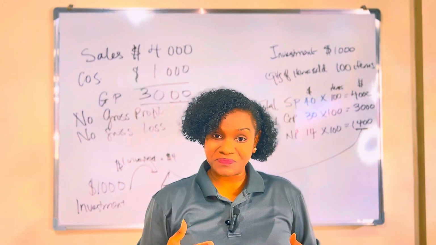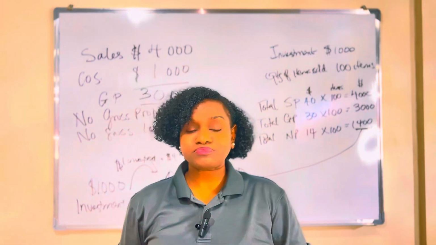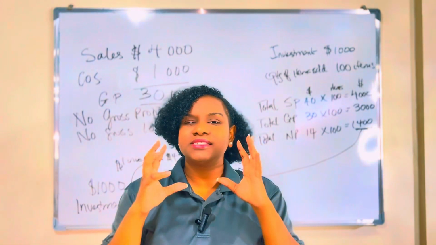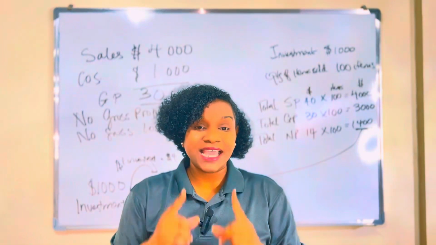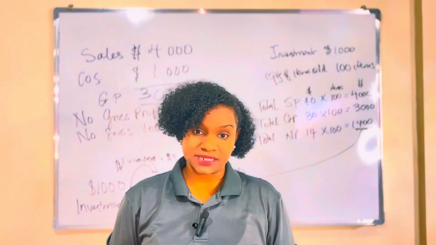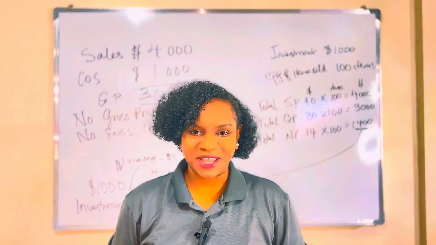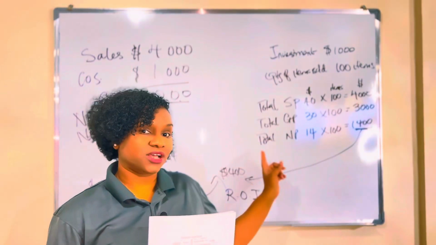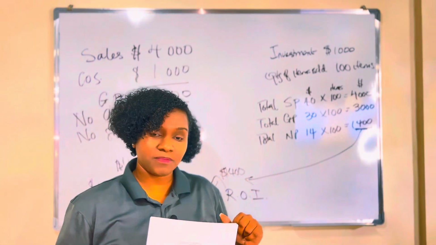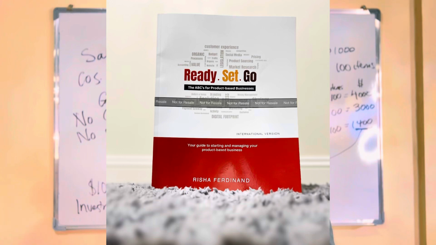Ladies and gentlemen, what I just explained is a simple but realistic scenario that happens in businesses. Now, let me show you one last thing. Exactly what I just explained here is actually found in this textbook, Ready, Set, Go: The ABCs for product-based businesses.